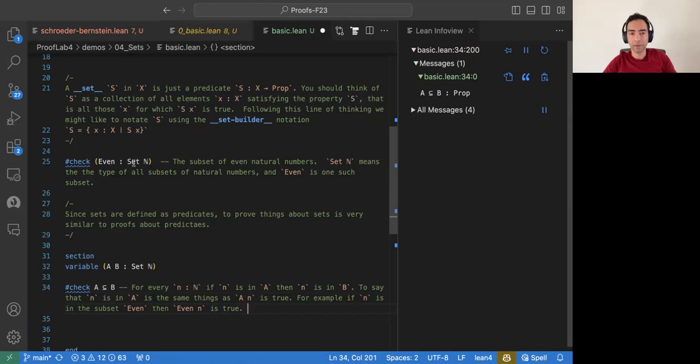And the translation essentially goes like this. If I have a predicate S, then I can understand it as this set, the set of all x for which S of x is true. And we are essentially identifying even with the set of all natural numbers for which n is even.